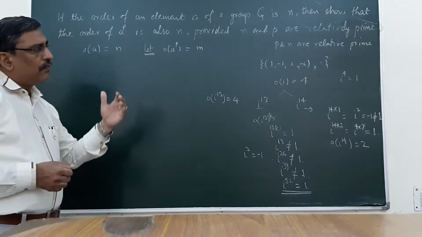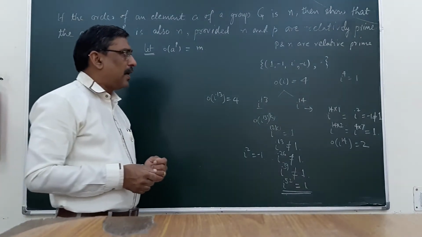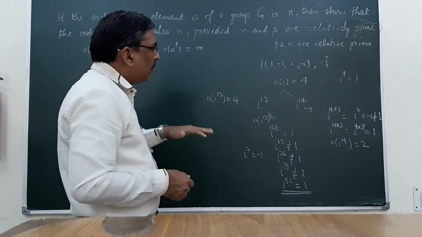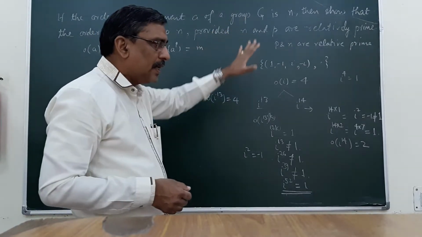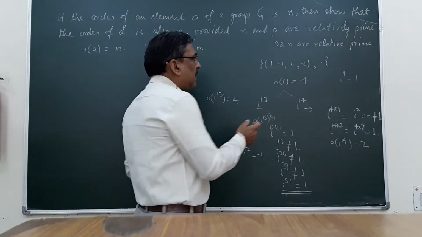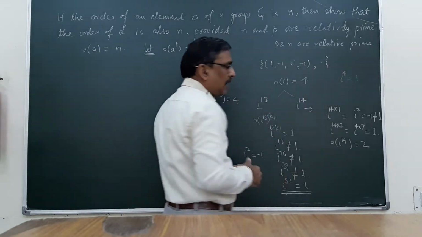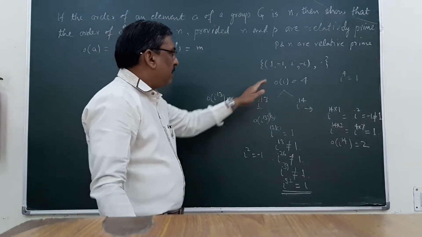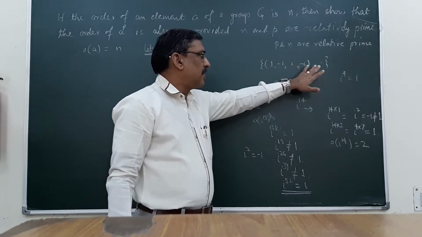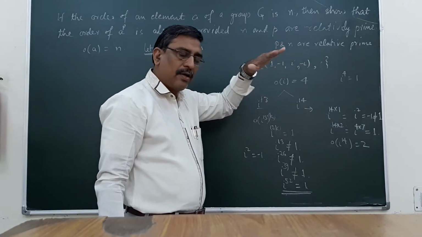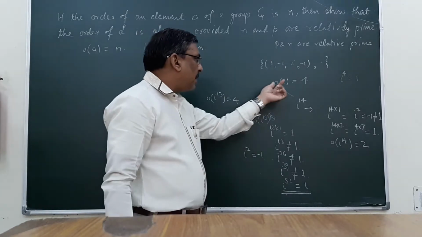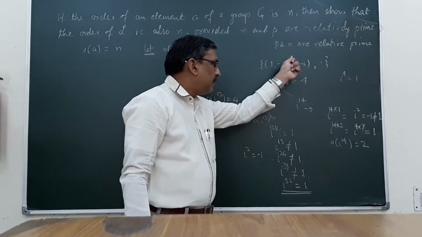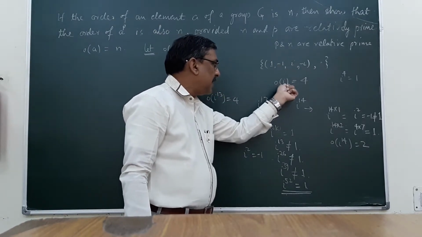This we can prove with the help of an example very easily. Later on we will prove it mathematically also, but let us take the simple example as we usually take. Say 1, minus 1, iota and minus iota is the group. Let us take one of these elements, say iota.